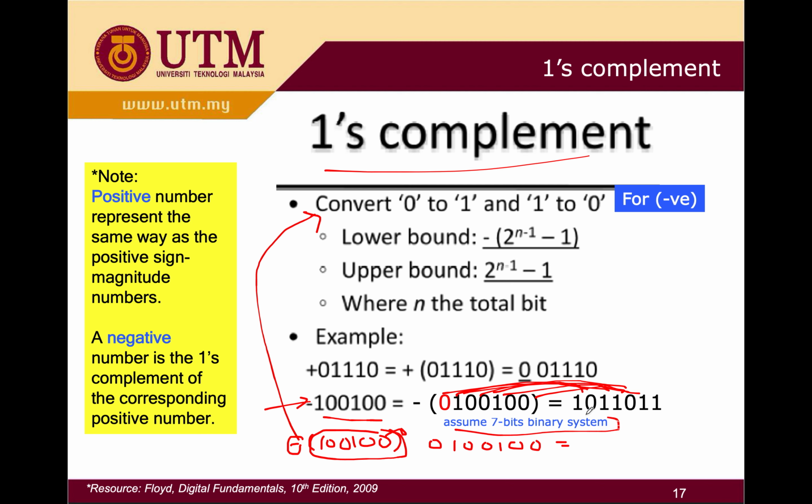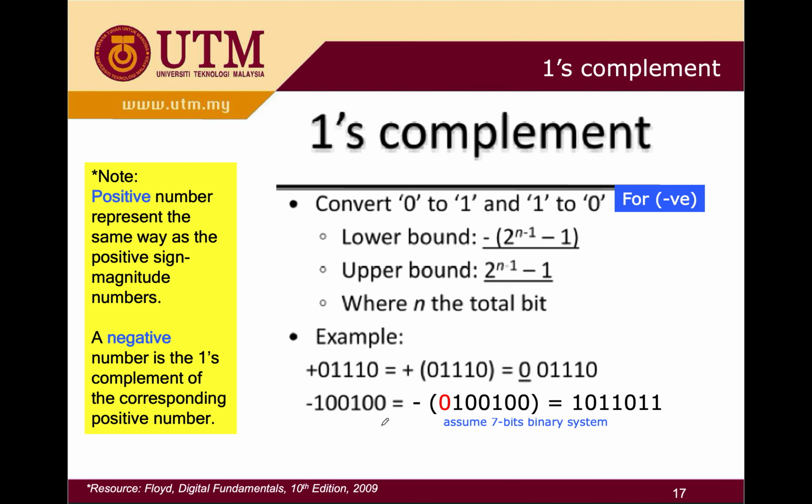So this one, why is there a 0 in front? It is because let's say in the question you were given a 7-bit binary system, but the answer, if just straight from this number, it is 100. I didn't convert it correctly. Sorry.